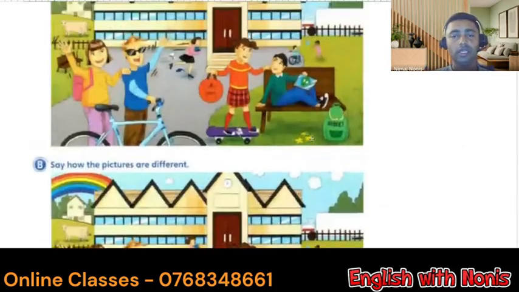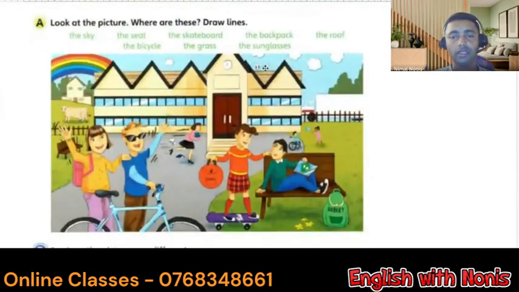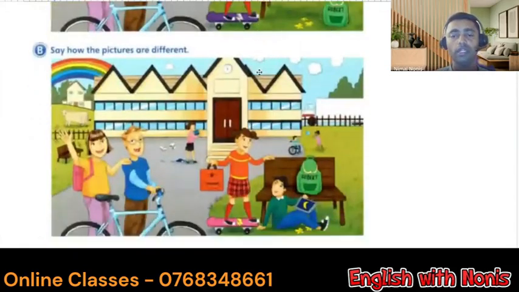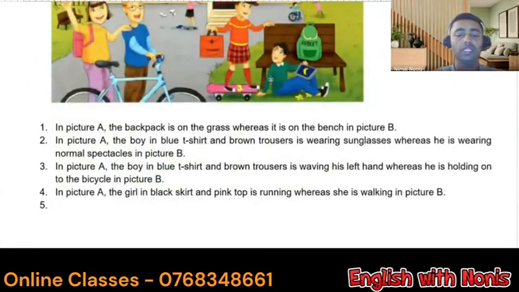You can see in picture A, there are birds on the roof. There are two birds here. But in picture B, there is no bird on the roof. So you can write that difference as well. In picture A, there are two, actually they are cranes.